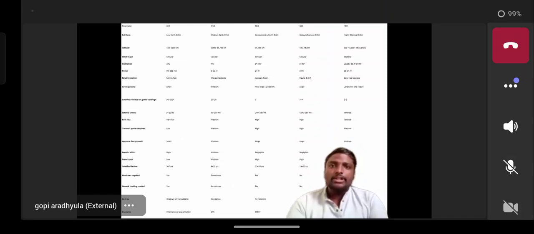GEO 35,786 kilometers, GSO 35,786 kilometers, and HEO 500 to 40,000 kilometers. Orbital shape: circular, circular, circular, circular, elliptical. Inclination: LEO any, MEO any, GEO 0 degrees only, GSO 0 to 90 degrees, HEO elliptical.